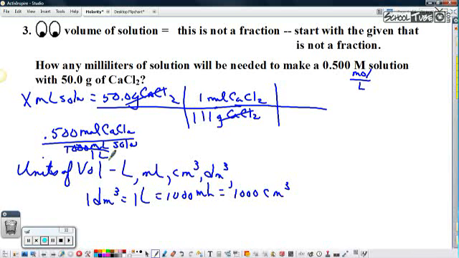Now, here's the thing. Where do I put the moles? I've got to flip it. And when I flip it, what's got to be drug along with that unit? What number goes with the mole unit in this problem?